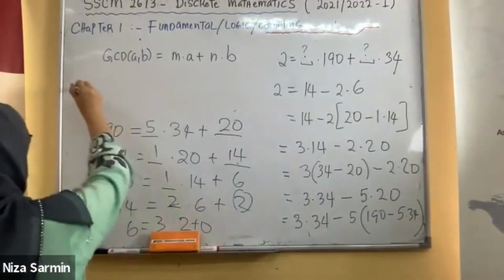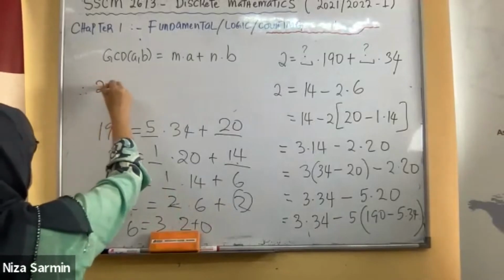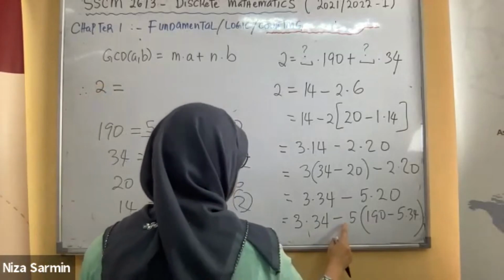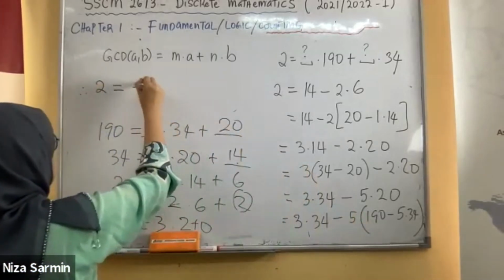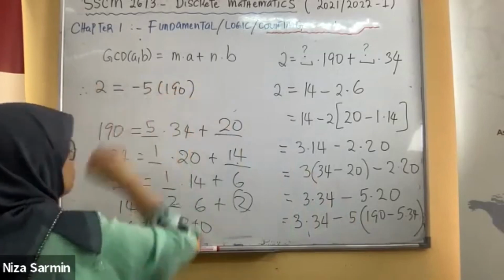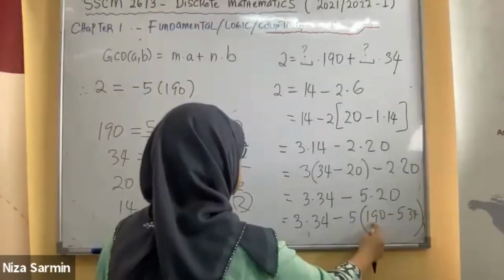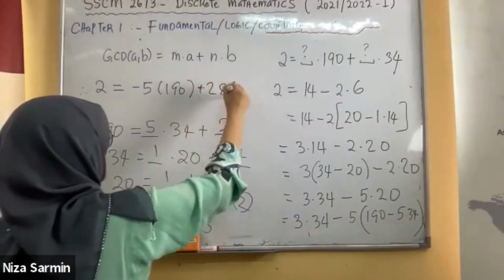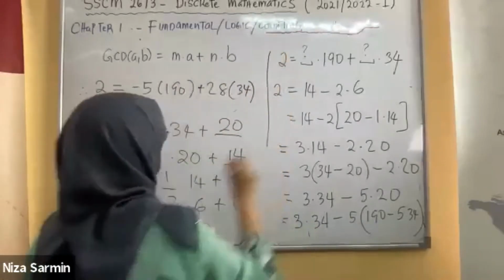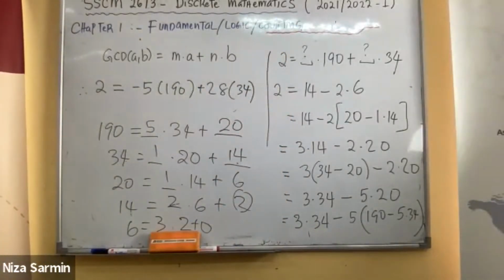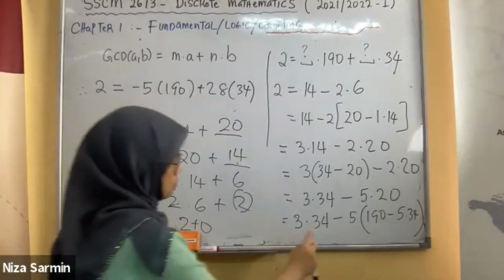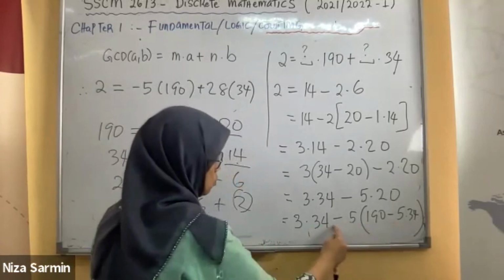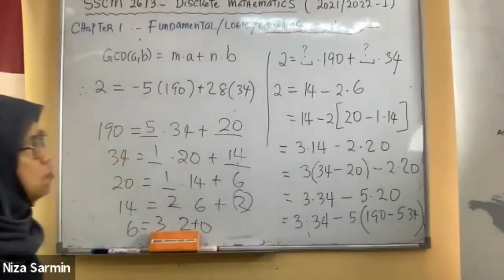So you get 2 equal minus 5, 190. 25, 28, right? Plus 28, 34. Minus 5 times 190. And then there's 25 plus 3, 28, 34.